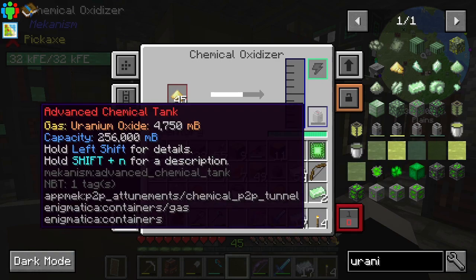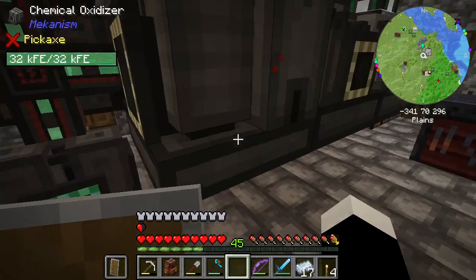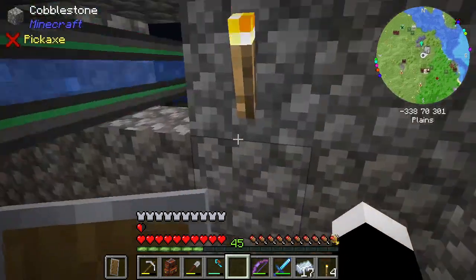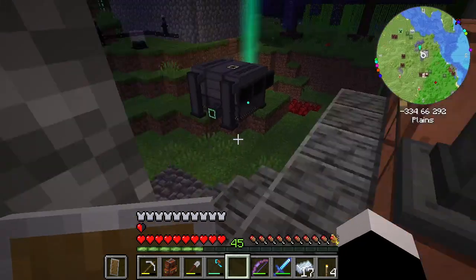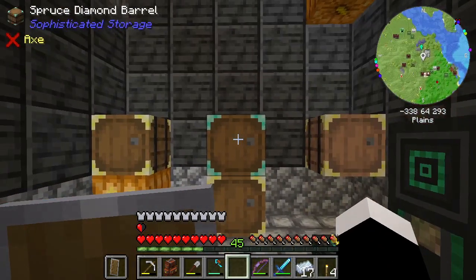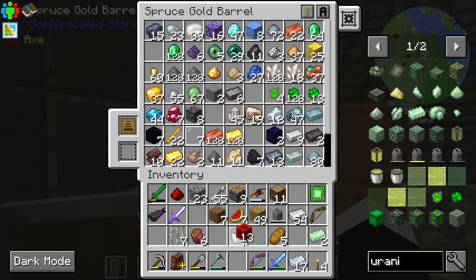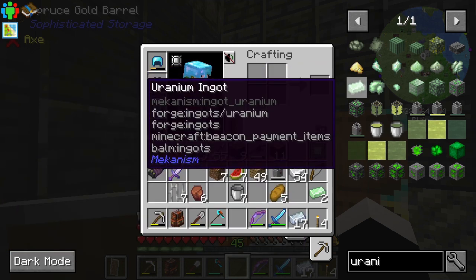Perhaps what I ought to do is make another gas tank. Another basic gas tank, I mean. I'll use an advanced gas tank to hold the uranium hexafluoride.